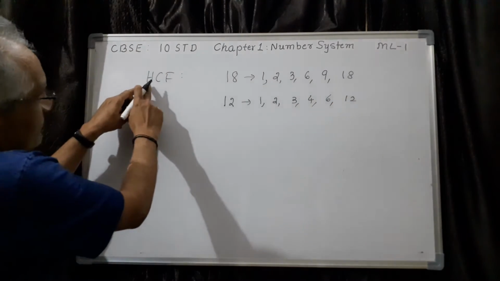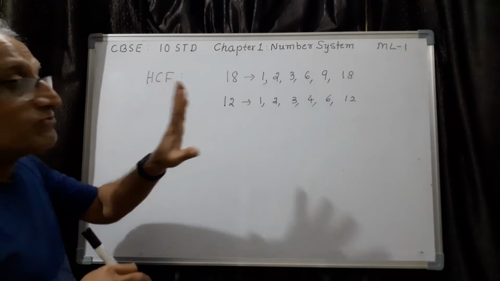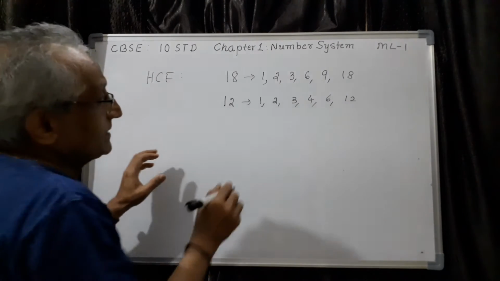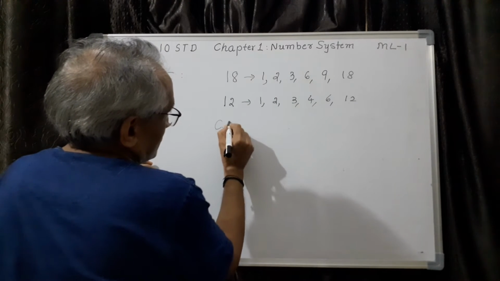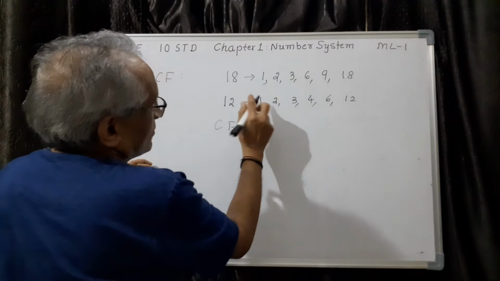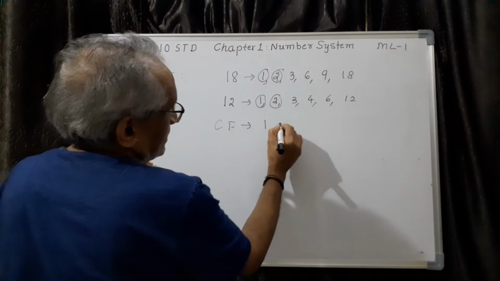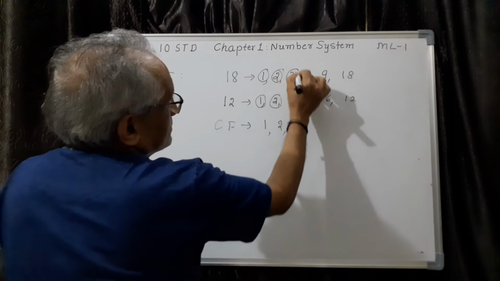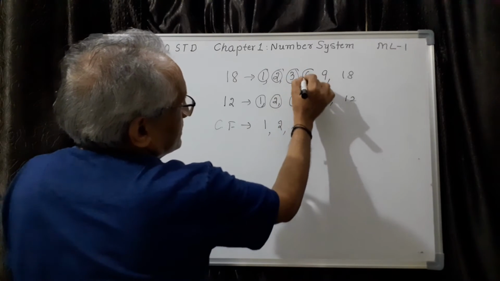Now what is the meaning of HCF? The word itself says, first, it should be common. So let us list all the common factors. 1 is a common factor, 2 is a common factor, 3 is also common, 4 is not common, but 6 is common.